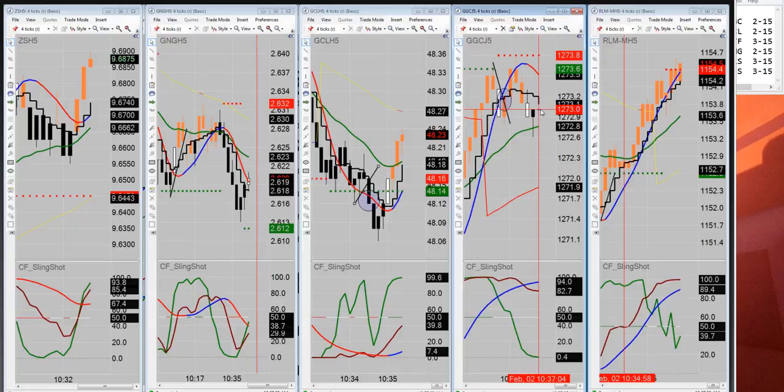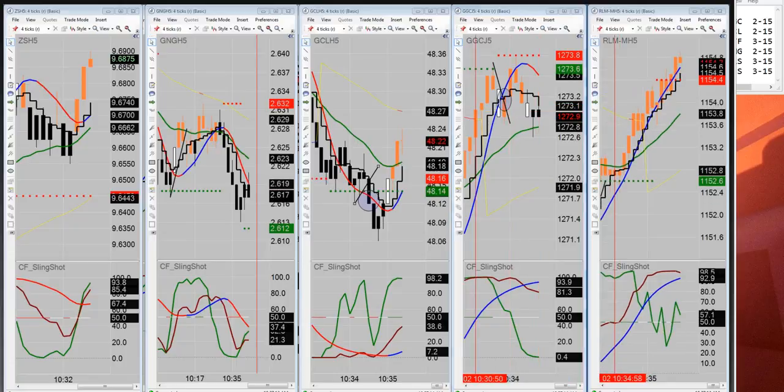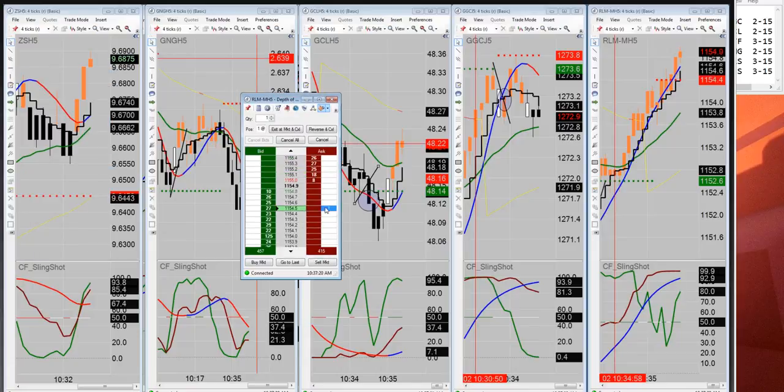Okay. This up close here on gold would be a long trade. All right. So your stop on that momentum long trade, if you got in it, should be at break even. All right. Lock in 1 tick.